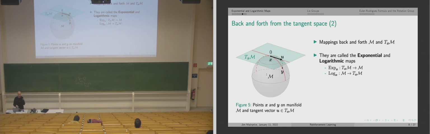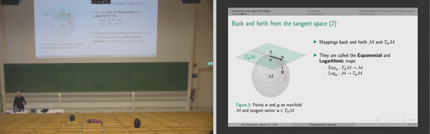So if you're at point x on the manifold and you have an initial tangent vector u, where would you land on the manifold if you follow a geodesic in the direction of u? That's y. Points x and y are on the manifold, and the vector u is a vector from the vector space T_x M, the vector space attached to the point x on the manifold.